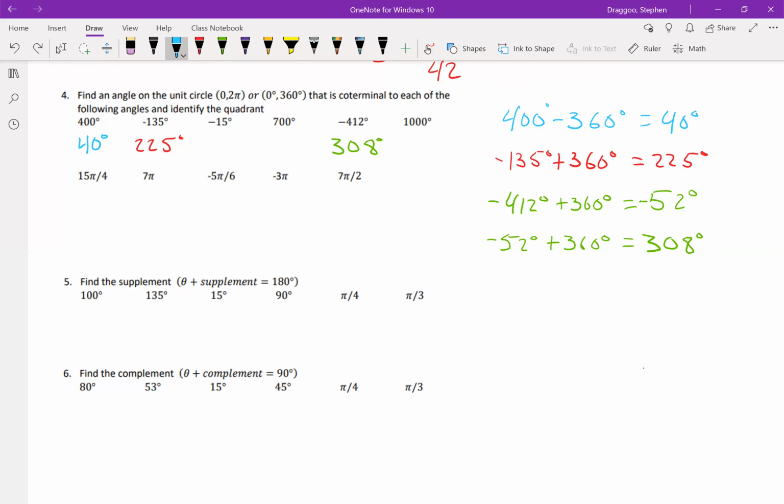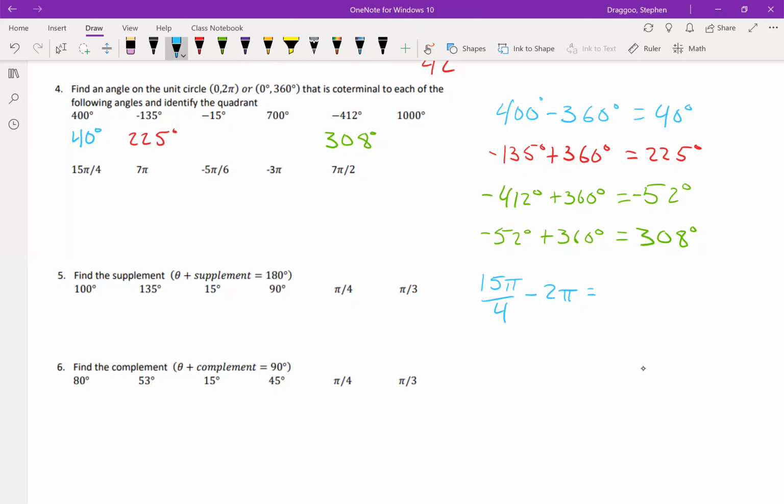So if I were to look at 15 pi over 4, 15 pi over 4 is larger than 2 pi, so I'm going to want to subtract 2 pi from that, which means I'm looking at 15 pi over 4 minus 8 pi over 4, and my result should be 7 pi over 4.